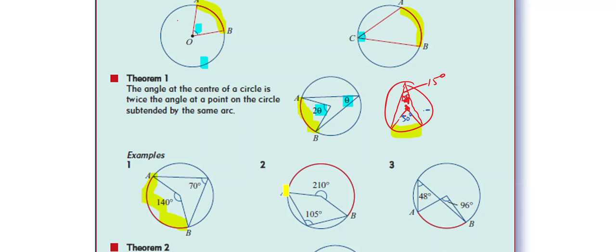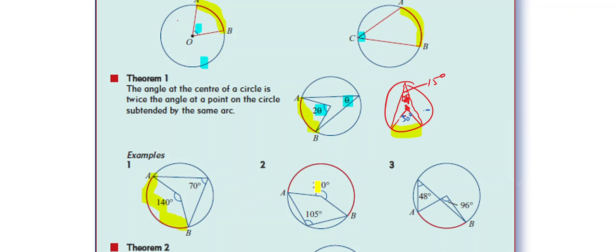Okay. Another example is that the arc AB happens to be not a minor arc, it's a major arc, and you can have major arcs, that's fine. So you can have minor arcs and major arcs.